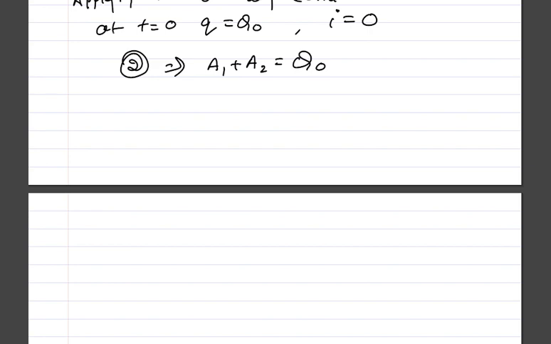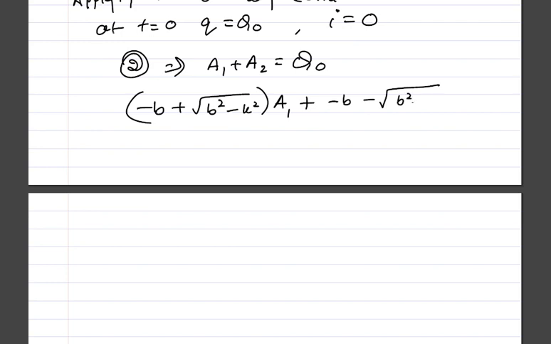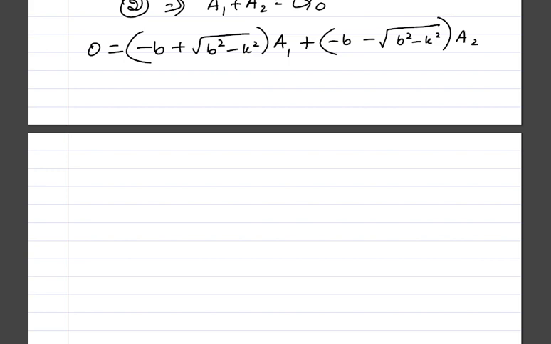And the second one gives you minus b plus square root of b square minus k square into a1, plus minus b minus square root of b square minus k square into a2, equal to 0, because I is 0. So I is equal to 0 takes you to this equation.